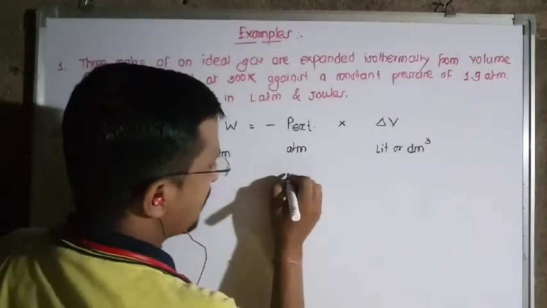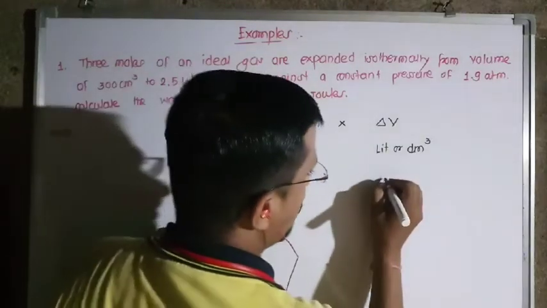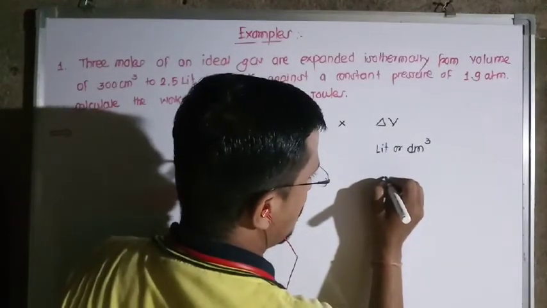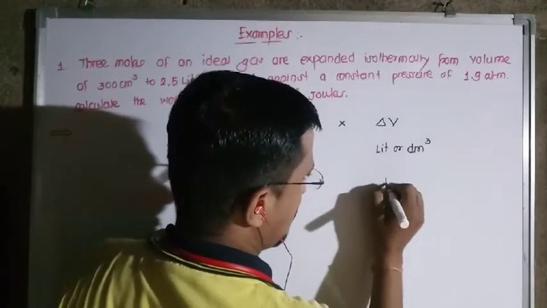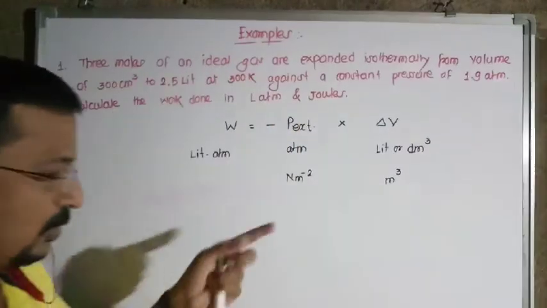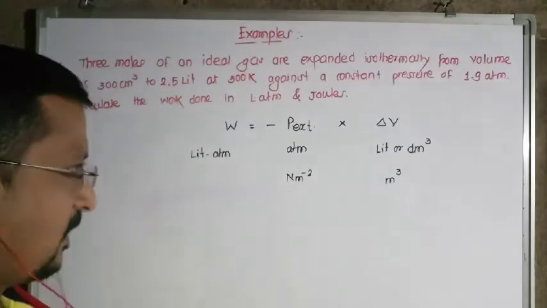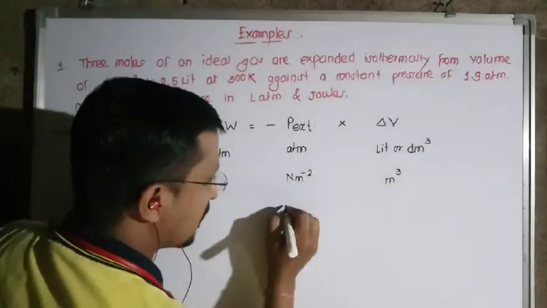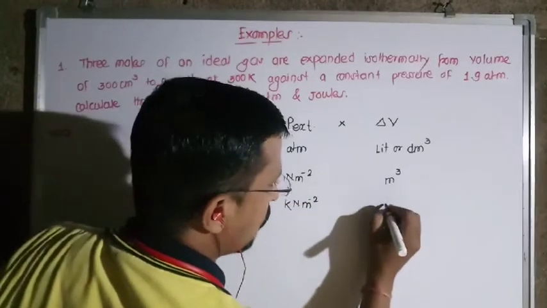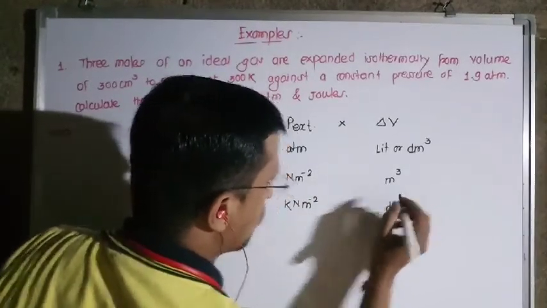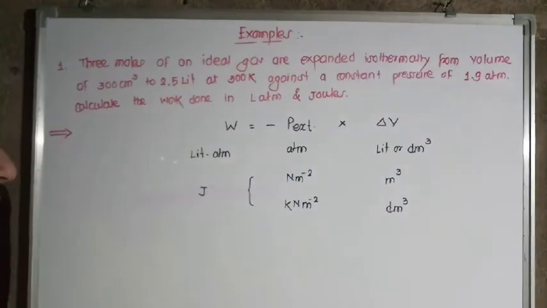If pressure is expressed in Newton per meter square and volume is measured in meter cube, or if pressure is expressed in kilo Newton per meter square and volume is measured in dm cube, in both cases work done is always obtained in joule.